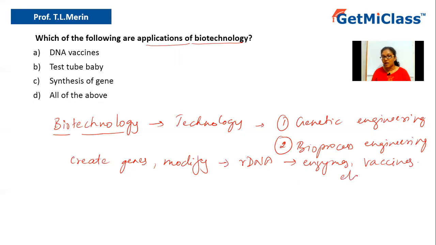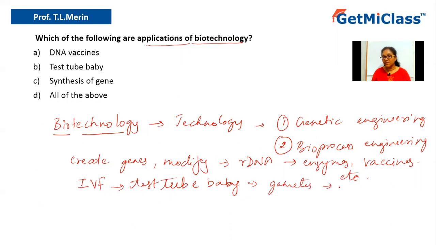etc. And biotechnology makes possible a methodology called IVF, that is in vitro fertilization, by which you can produce a test tube baby. Test tube baby is possible because of biotechnology. They actually take the gametes, and the fertilization happens in lab condition.